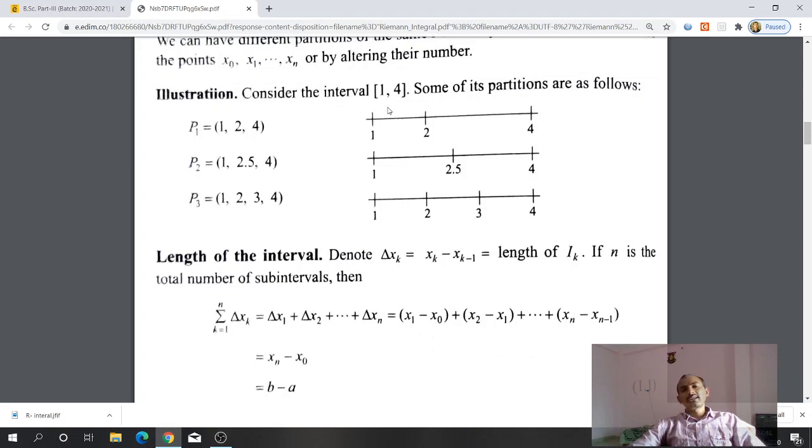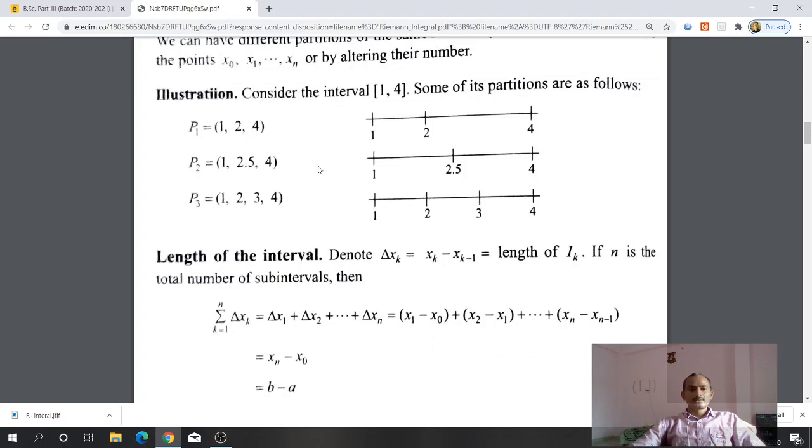We have an infinite number of partitions for this closed interval 1 comma 4. How? We know that between any two real numbers there are infinitely many real numbers.